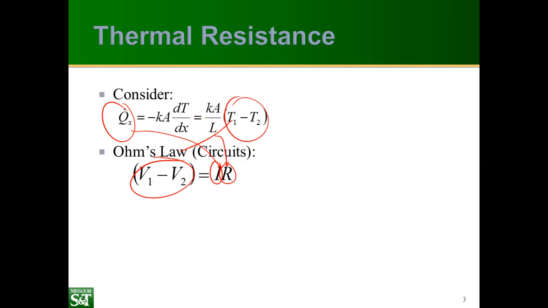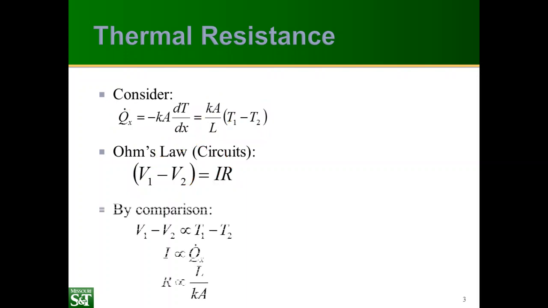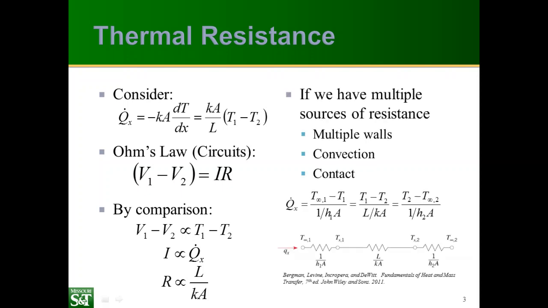So by comparison, looking at the voltage being equivalent to temperature and so on, we get that this resistance is analogous to length over kA. Now, this isn't necessary for simple problems like this simple plane wall, but it's easier to introduce here.